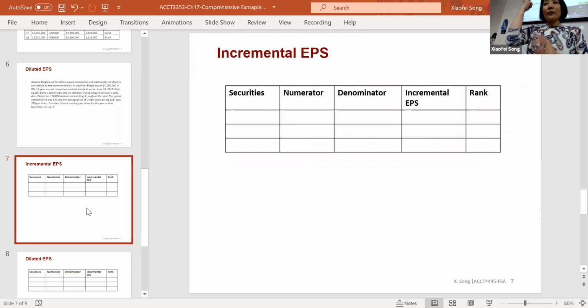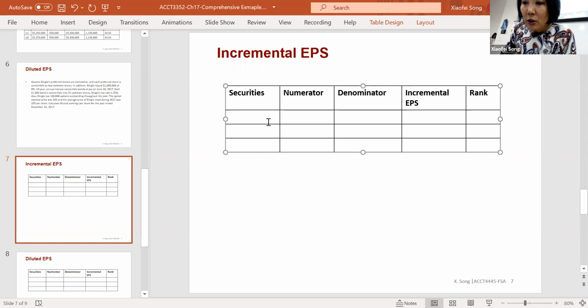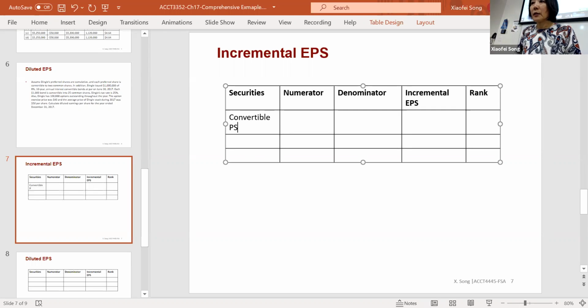First, we have three securities, so I use this to compute incremental earnings per share. You can use this to lay out your answer for your assignment if you like, to organize the information. The first one they mention is convertible preferred shares.